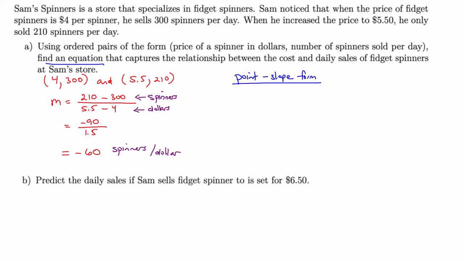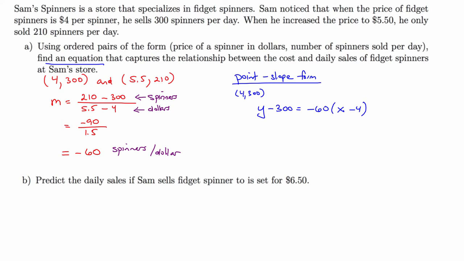Additionally, given the point 4, 300 does not have any decimals in it, I would be more inclined to use that as part of my answer than the other point. So one possible equation to answer this question would be y minus the y value of 300 equals the slope, negative 60, in parentheses, x minus the x value of 4.